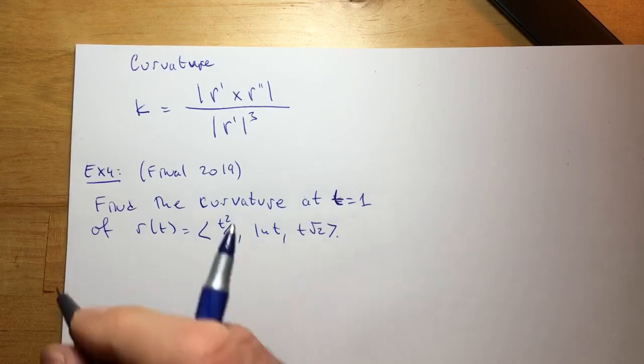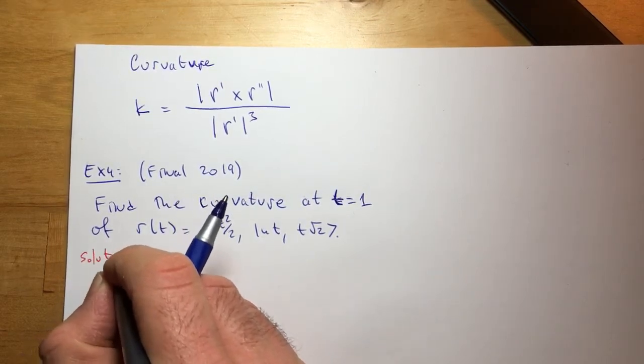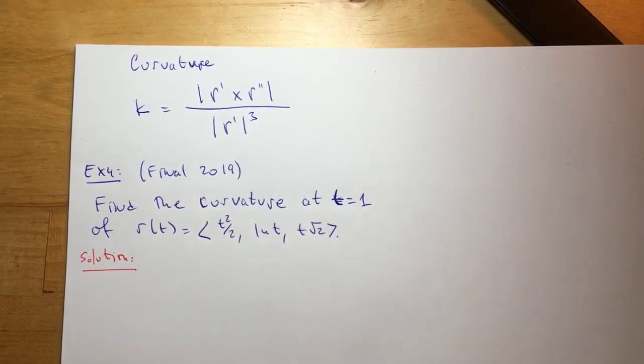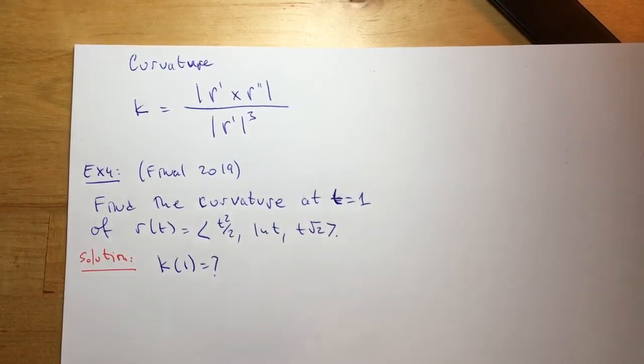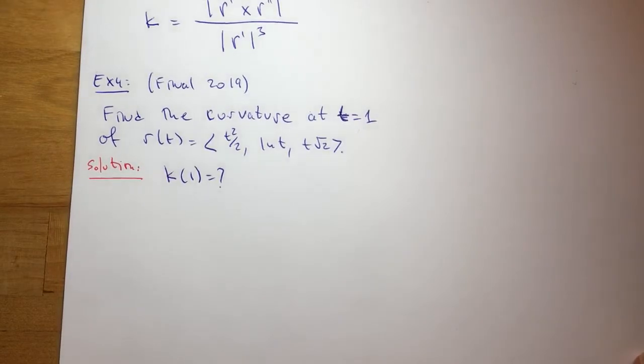Okay, so basically we have to find how much is k of 1. Okay, the curvature evaluated for t equal to 1.